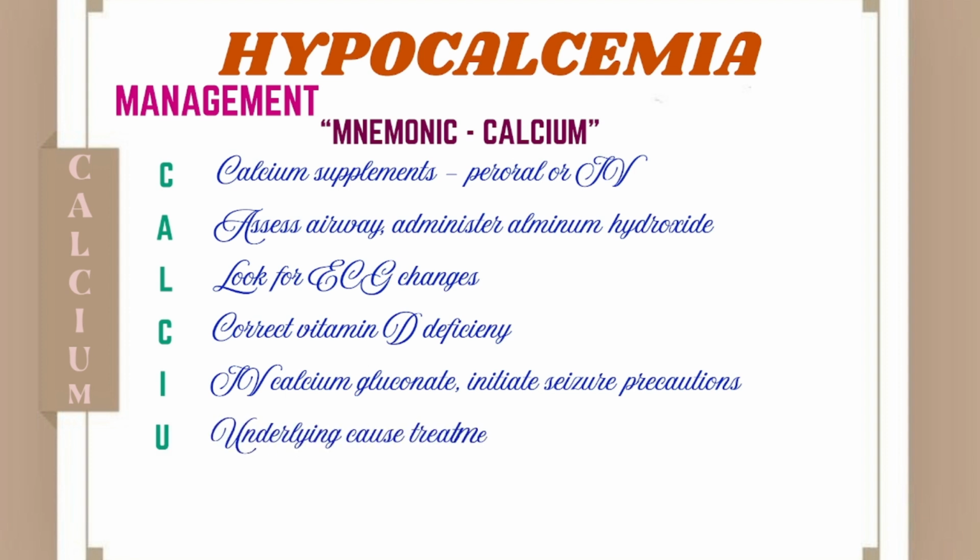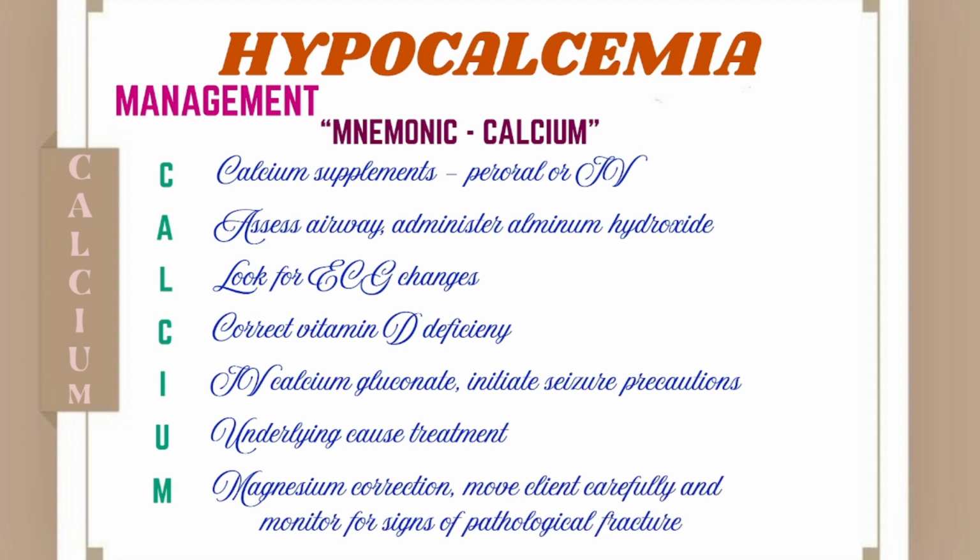U stands for underlying cause treatment. Whatever is the cause for hypocalcemia, we have to treat that underlying cause. M stands for magnesium correction. We know that low magnesium will affect the parathyroid hormone release, so we have to correct the level of magnesium so that adequate parathyroid hormone is released, which will maintain the normal calcium levels.